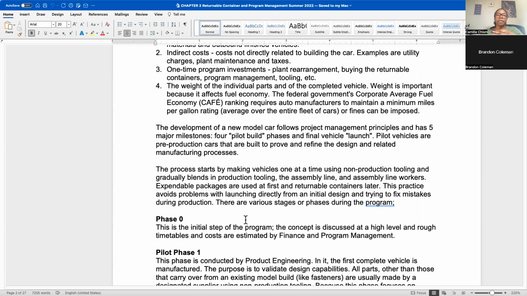Other things you want to look at would be, do you have any issues with if this is returnable or expendable? You want to see what this looks like. Then also, where on the line is this pack going to be used? So you want to know, do they have a lot of space on the line? And if you have something that's a bulk pack, are they going to have room for it?